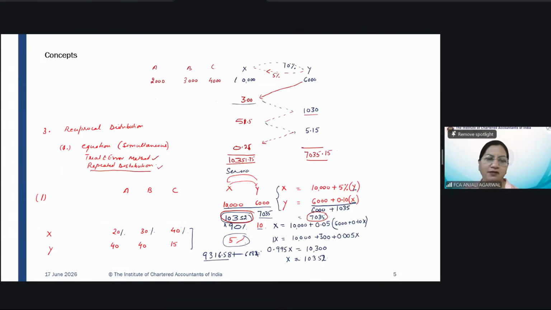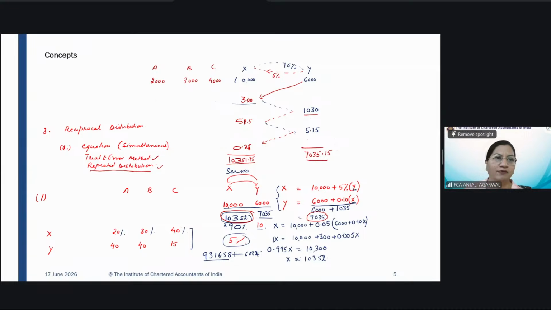There can be three methods for this. One is direct method, when the service departments offer their services only to the production departments. There can be step method, where service department one offers the services only to production departments, but service department two will offer the services to the first service department as well as the three production departments.